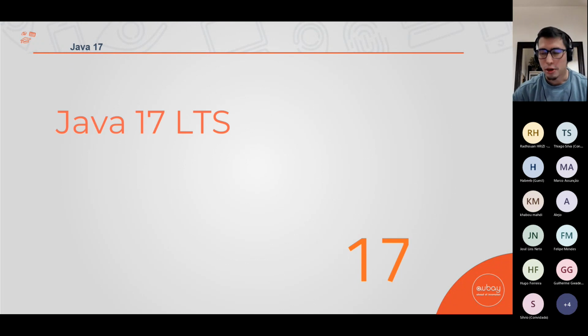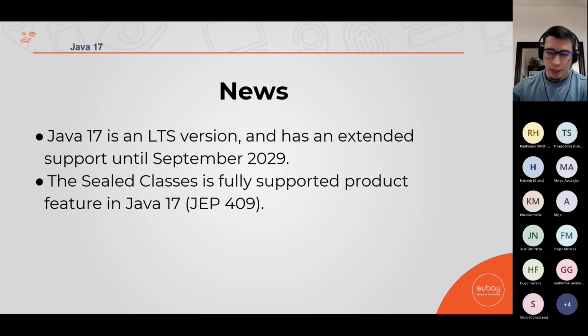Okay, so now we'll talk about our latest version, the latest LTS version, sorry, that is Java 17. And before that, again, if you have any doubt, please put it on the chat or ask me or ask at the end. For Java 17, we have some news.